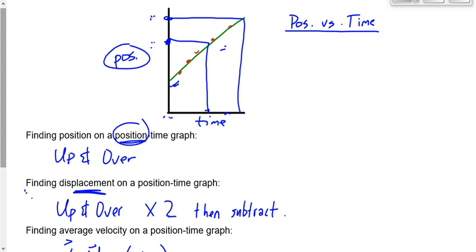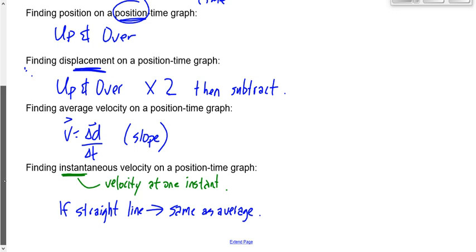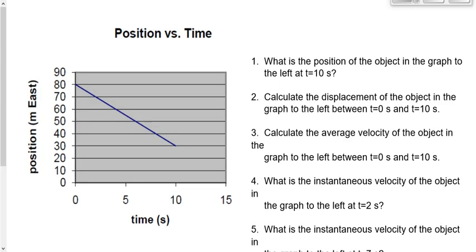What I'd like to do right now, before you pack up, is take a look at one example that you see on the front side of one of the handouts that you got a few minutes ago. What's the position of the object in the graph to the left at 10 seconds? Up and over looks like it's 30 meters.